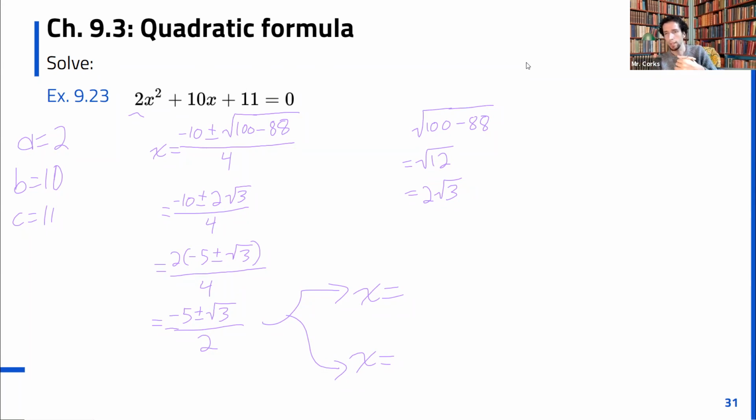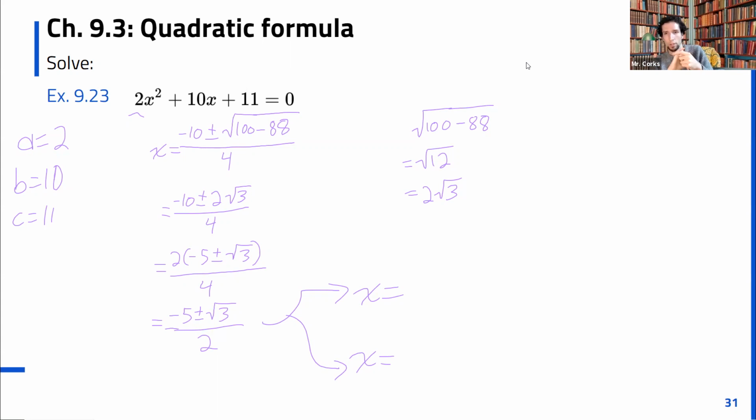For our purposes in class, in most of the examples I will talk about in class and homework, you're going to be able to do sum product method pretty easily, or there's another kind of shortcut method you would notice pretty quickly. Quadratic formula will always work. If you're stumped and you can't see the solution, you can throw things into the formula and you'll get your results, but it's nice to know other methods as well.